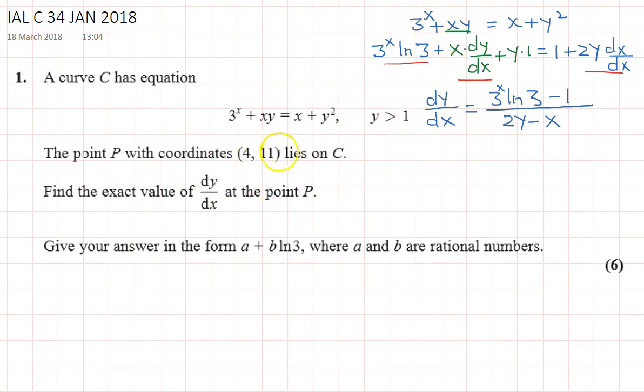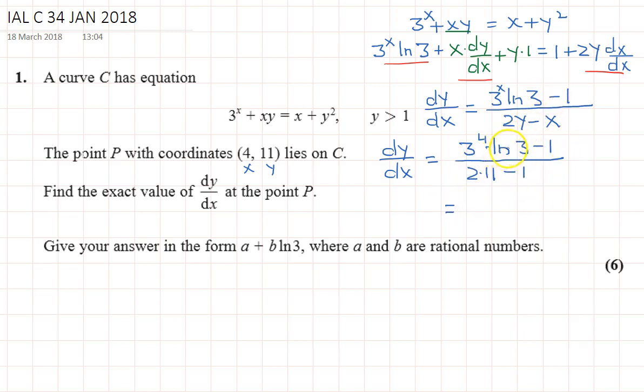So if the curve lies on this, put x is equal to 4 and y is equal to 11. So dy over dx will be 3 to the power 4 ln 3 minus 1, over 2y minus x, that is 2 multiplied by 11 minus 4.